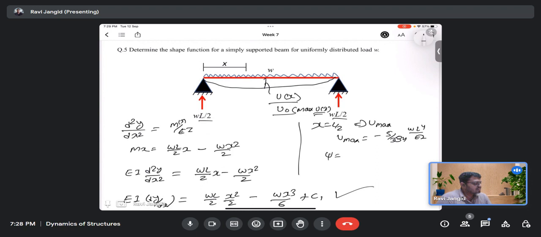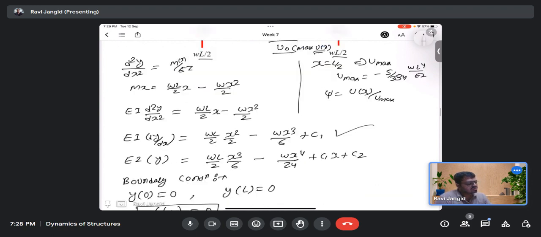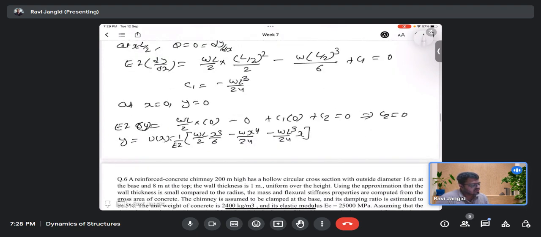So our shape function would be u(x) by u maximum. So I can put these values. So my final shape function, after rearranging the terms, which you can rearrange by yourself, comes out to be 16 by 5 times x by L plus x4 by L4 minus 2x cube by L cube.